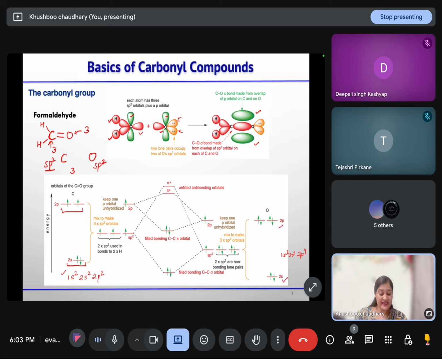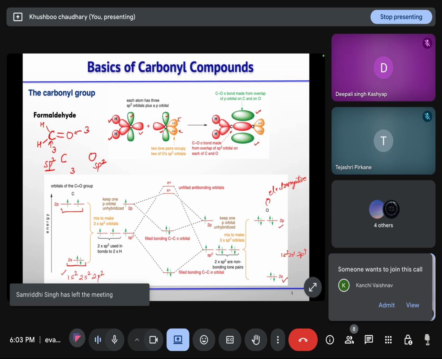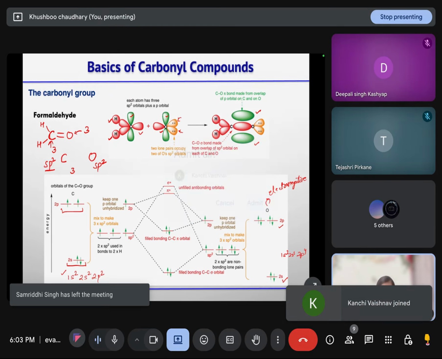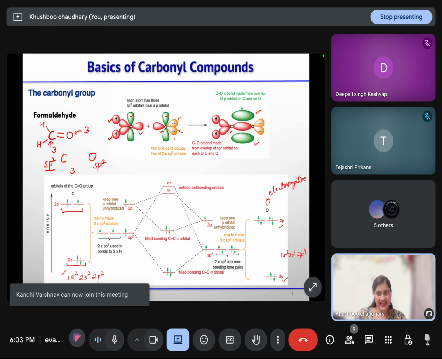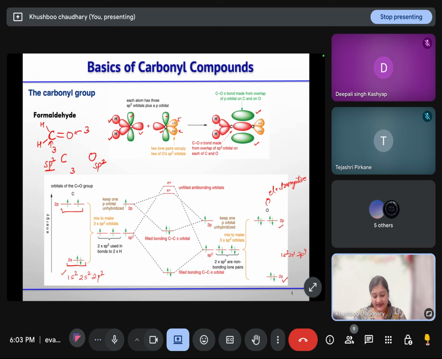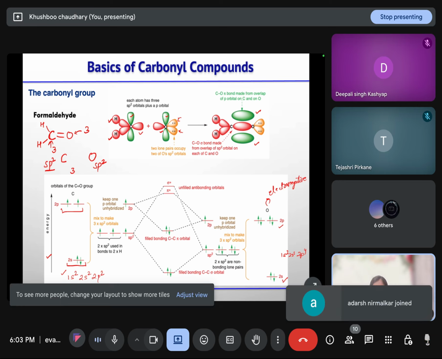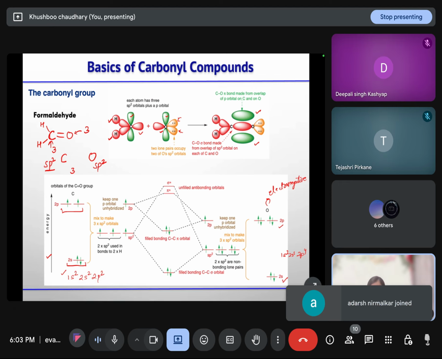Now, oxygen is electronegative in nature, so it pulls electron density towards itself. That's why it has lower energy atomic orbitals than carbon, which is electropositive, not as electronegative as oxygen.